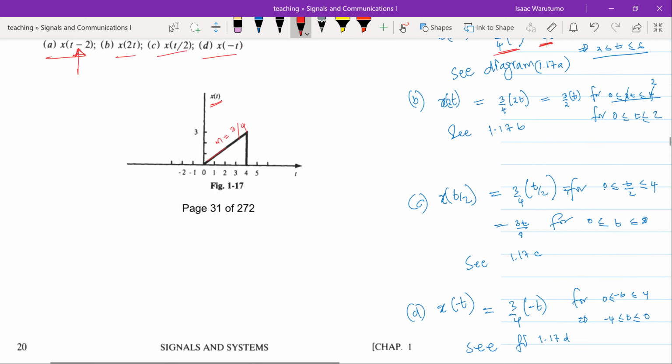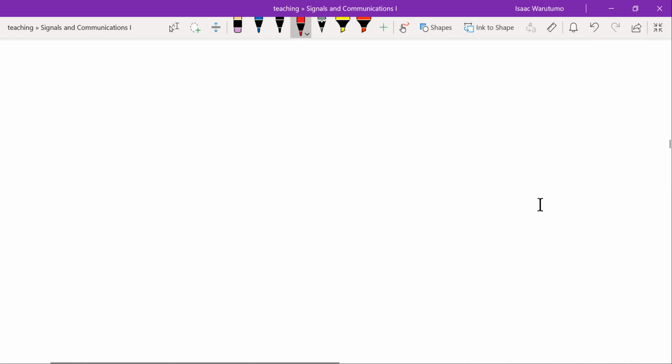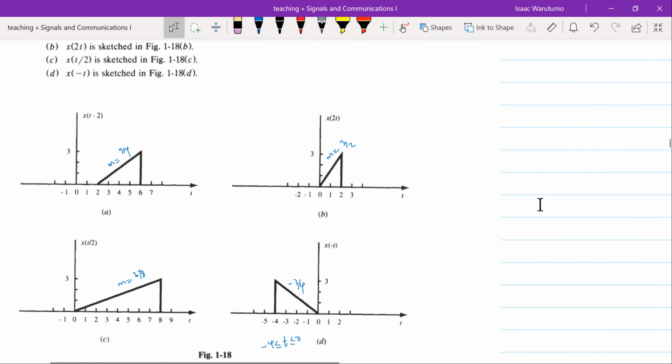And for that reason, we can observe how that diagram is drawn. Figure 1.8a simply shows that the validity of our equation now varies between 2 and 6, and our gradient still remains at 3 over 4. If you were to extrapolate this line, you would see that it crosses the x of t axis at negative 2.